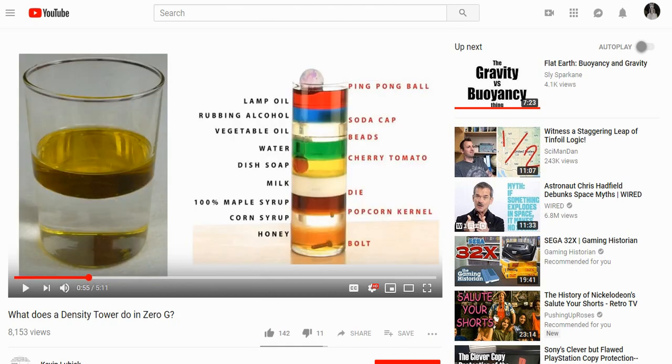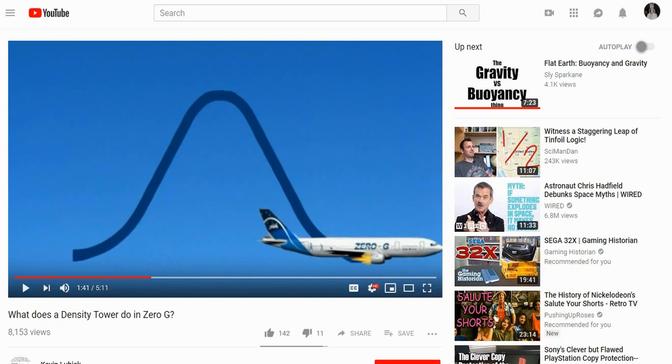We've got the tower here that they often like to show on the flat Earth debate, where there's a bunch of different fluids, all different densities, and they all settle at really nice different levels. And there's the happy cherry tomato that Nathan loves to talk about. Well, what we can do is we have a video on YouTube, and I'll put the link in the show notes.